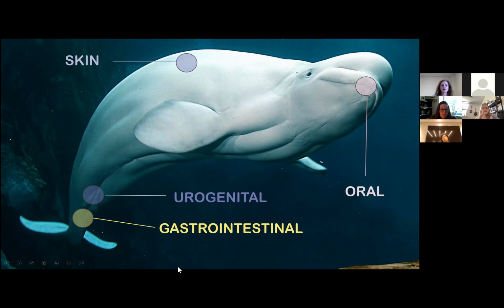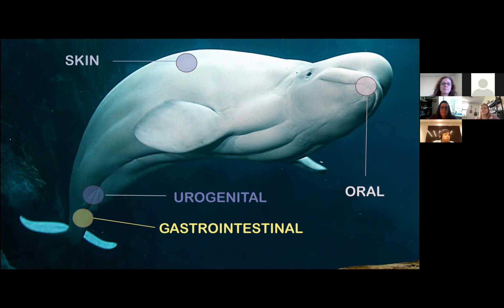So there are different microbial hotspots of an animal, and these are distinct and separate communities of microbes that inhabit specific sites on the body. So bacteria can take advantage of different niches and inhabit and start to occupy that. Some of these hotspots could be the oral cavity, the urogenital tract, the gastrointestinal or GI tract, as well as the skin.